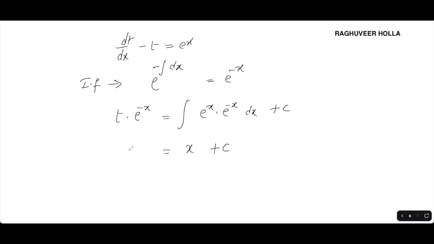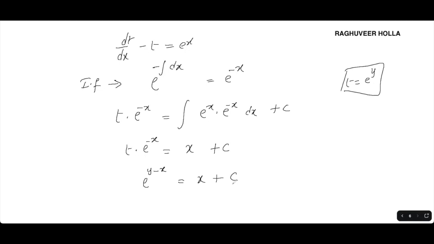And now this t is e to the power of y. Let us substitute this. So e to the power of y into e to the power of minus x, so e to the power of y minus x is equal to x plus c.